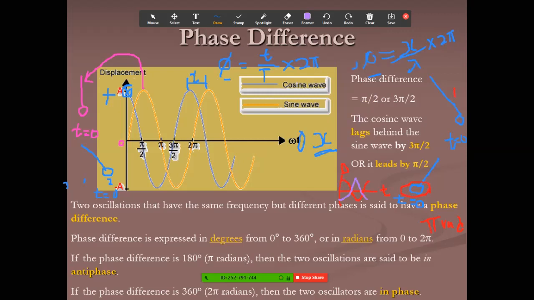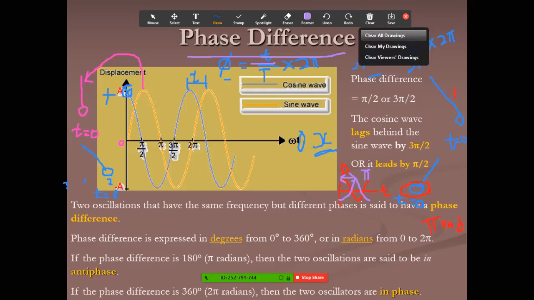So if you know the phase idea, the phase difference is going to be pi radian. All oscillations have something called phase difference. You'll be asked in the exam, so you draw the wave pattern, displacement versus time, and you can get the phase difference. Any questions from here?